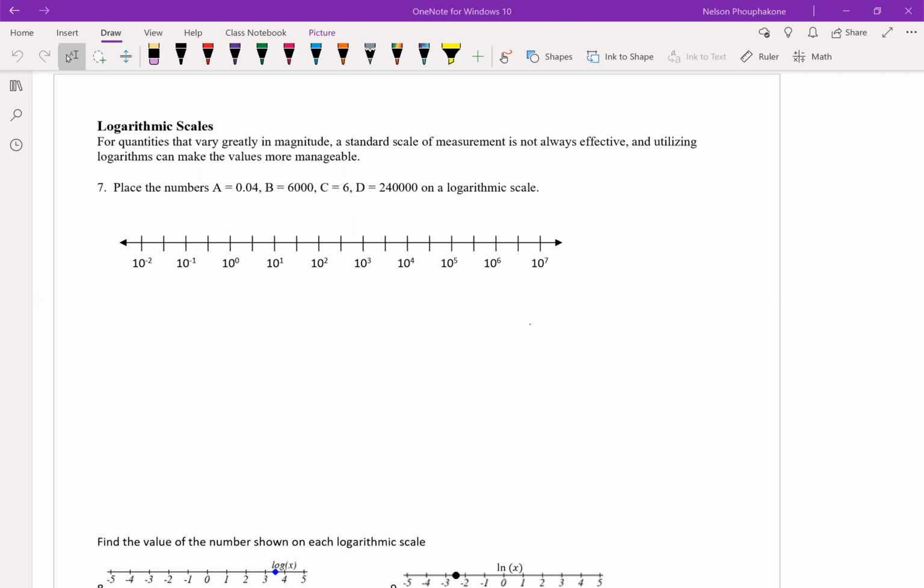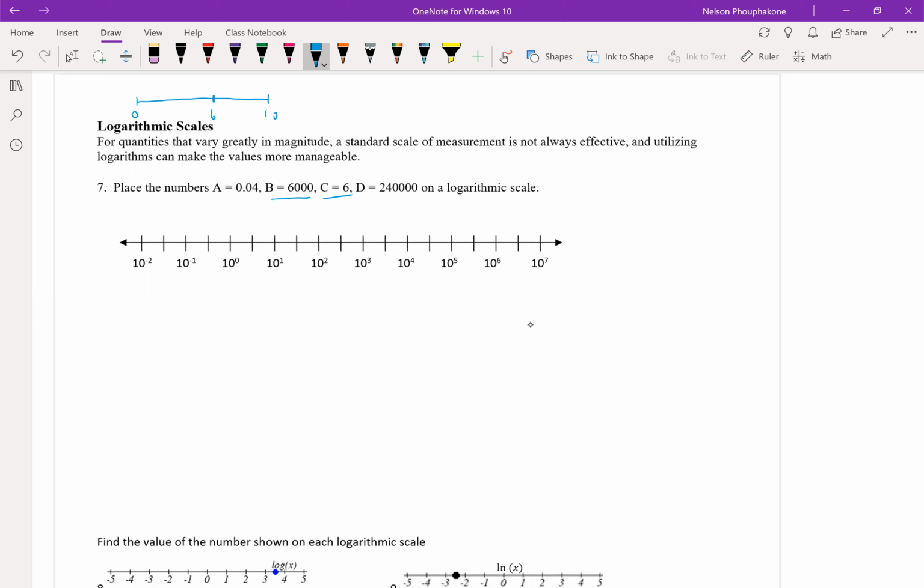So now think about this. If I have numbers like 6 and 6,000, and we want to show them together on a scale, we know that, for example, if this is 10 right here, then 6 is somewhere around here.